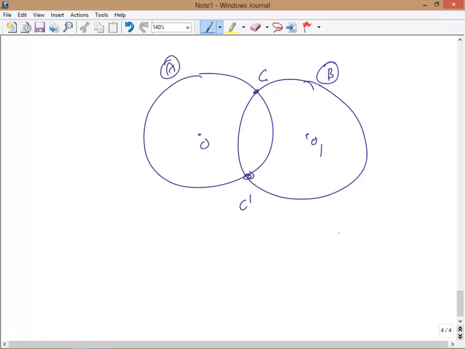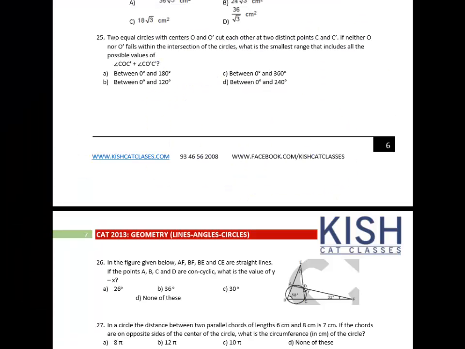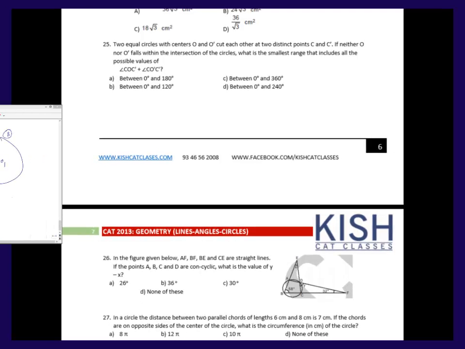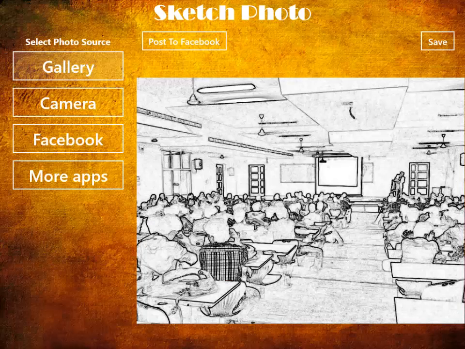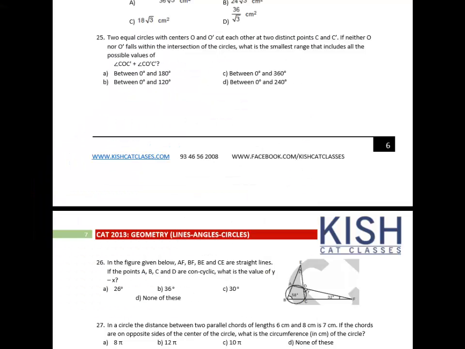Now you can find it out. This is a simpler one actually. You are going to use the tangents only.